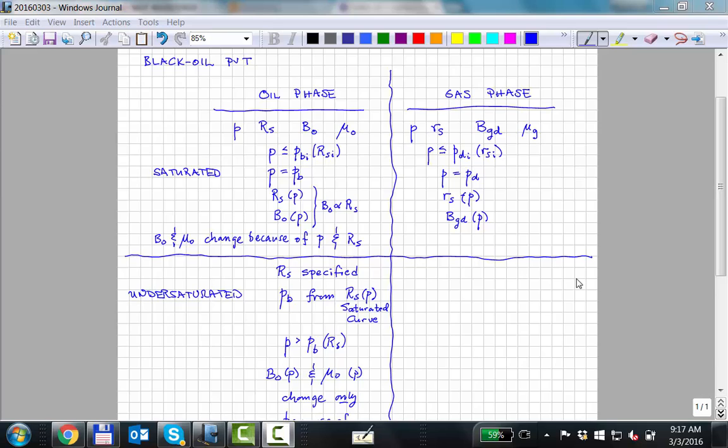So we're interested in the properties of an oil phase at some pressure and temperature in the production system. It could be in the reservoir, in which case it's at the reservoir temperature, or it could be as the oil or the production is going up through the production pipe to the surface, in which the temperature and the pressure could be changing.